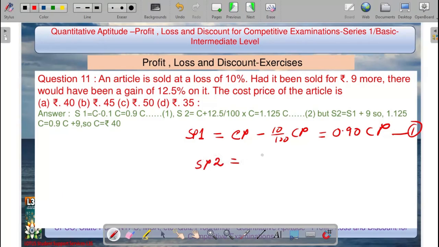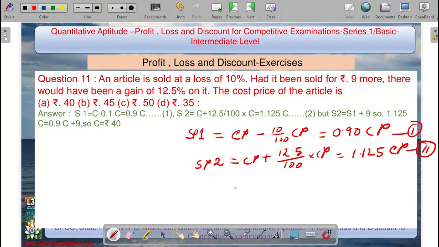Now SP2 is 12.5% gain on cost price, so that will be 1.125 into CP.